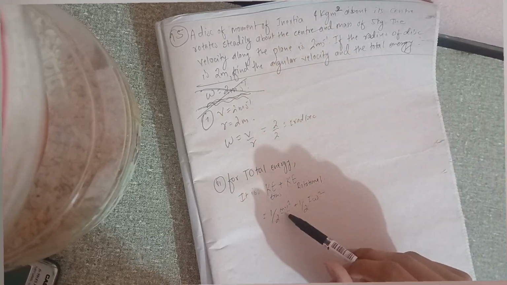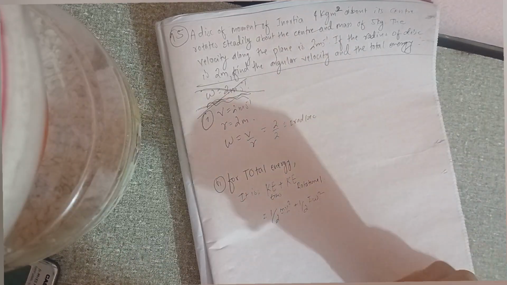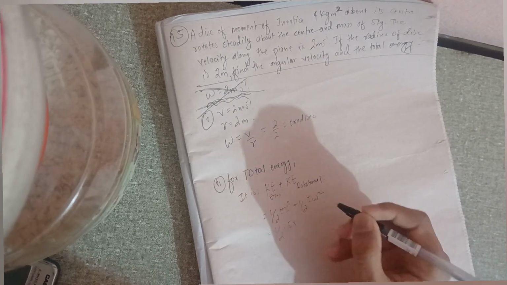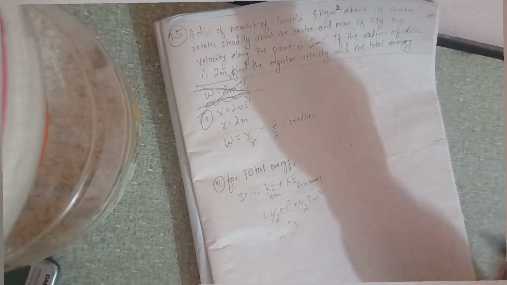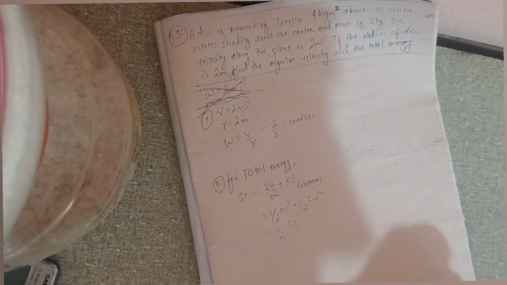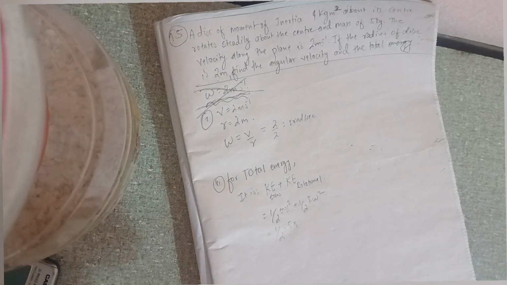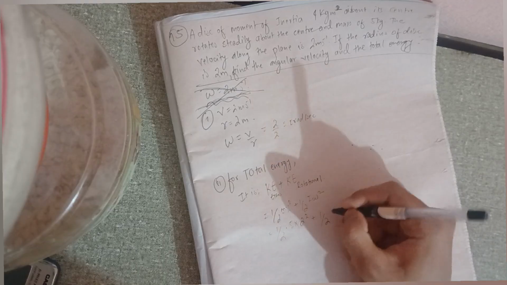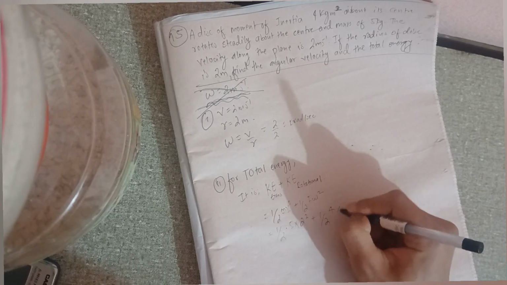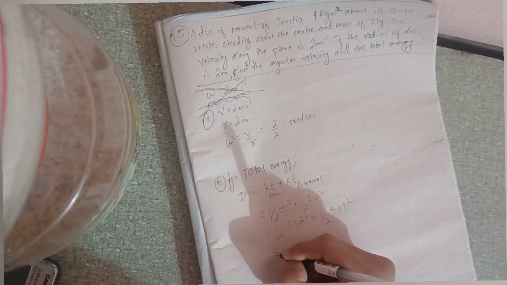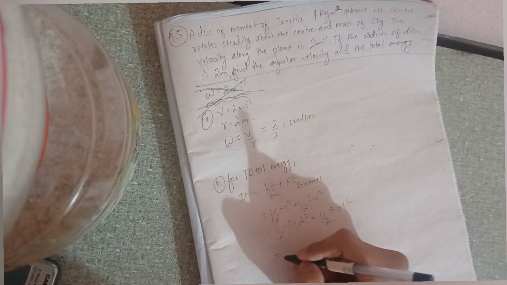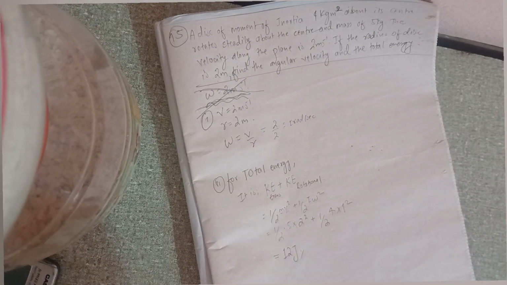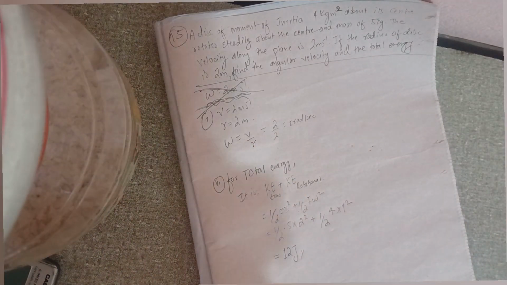We have mass, velocity, moment of inertia, and omega. So we can simply put in everything. The mass is given 5 kgs, the velocity is 2 meters per second, the moment of inertia is 4 kg meter squared, and the omega we just found out is 1. So this will exactly be equal to 12 joules, which is the answer. You can see 4 5s are 20 by 2, you do all, that will be 12. And that's how we do it.